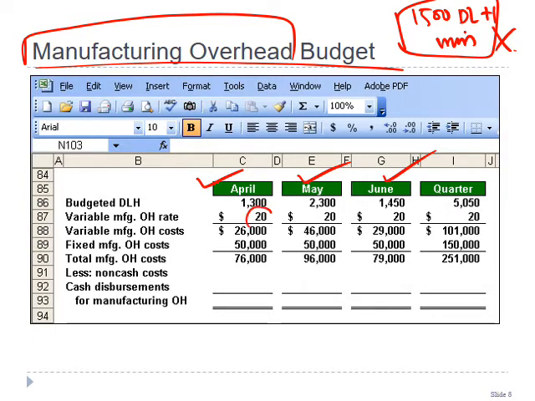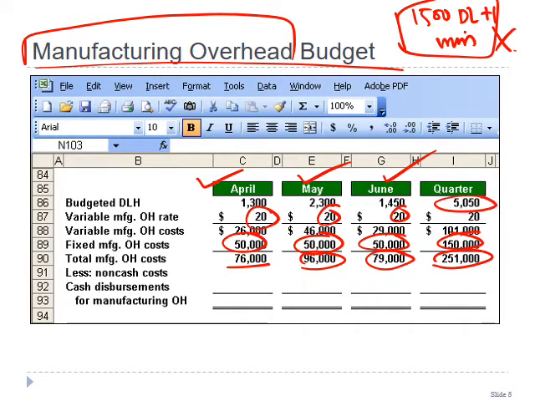Variable is 20, so the answer is here, but fixed is 50,000, right? So you add it, you find out that the total manufacturing overhead for April is 76,000, May 96,000, and June 79,000. So total overhead is 251,000 and total hours 5,050.